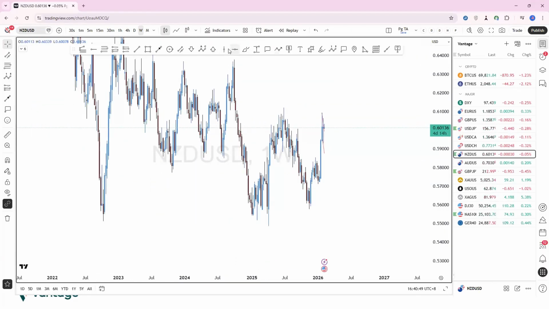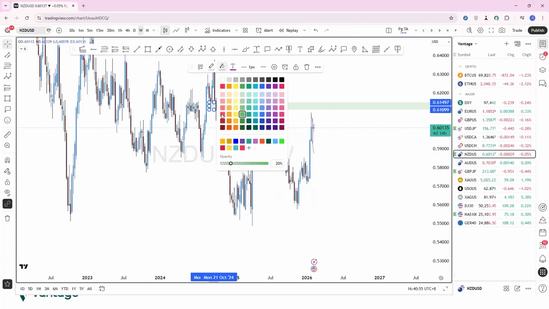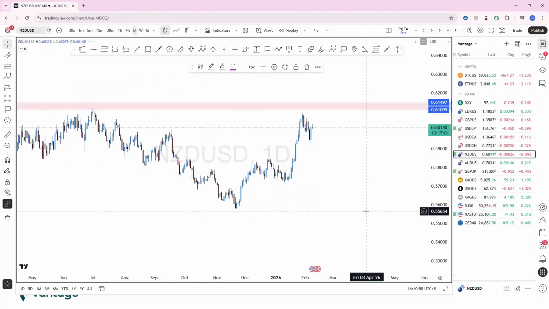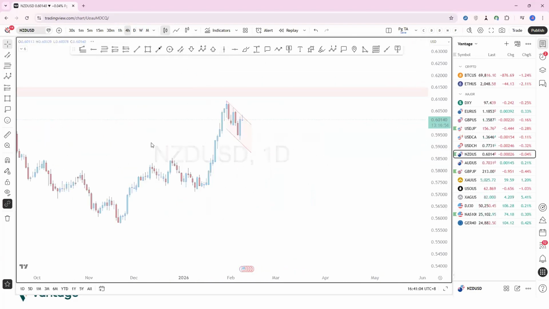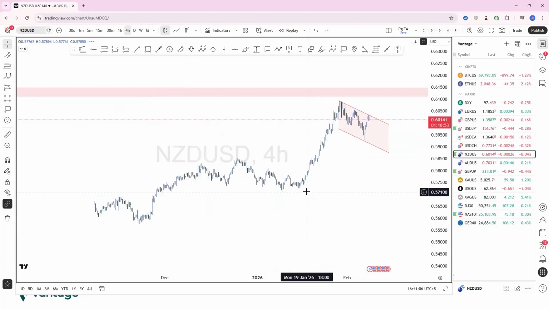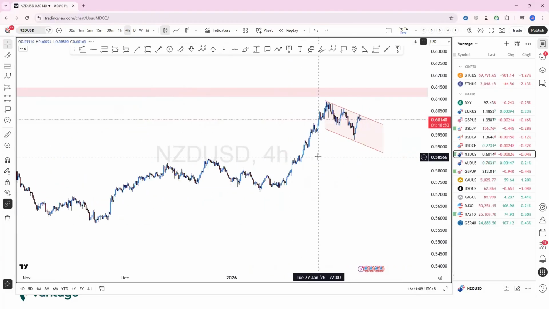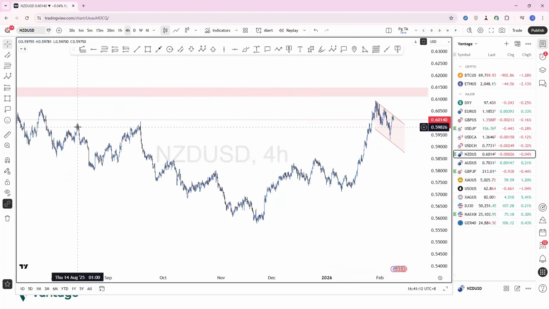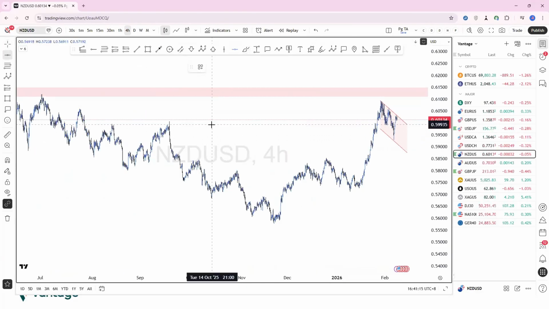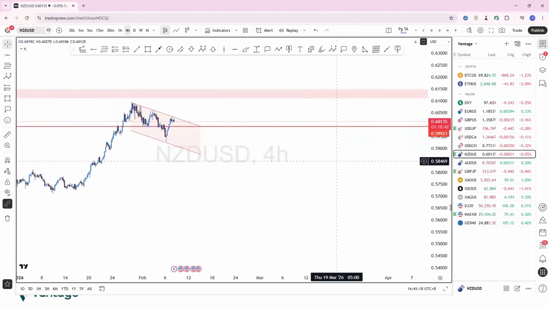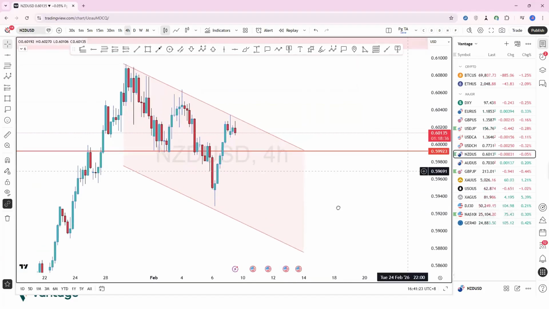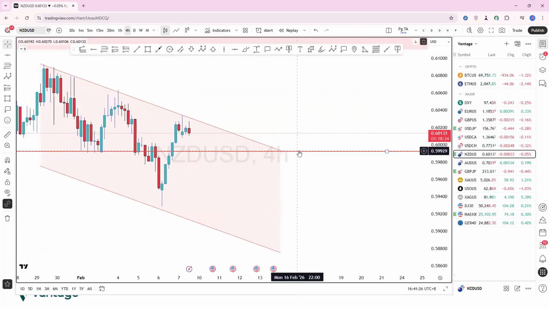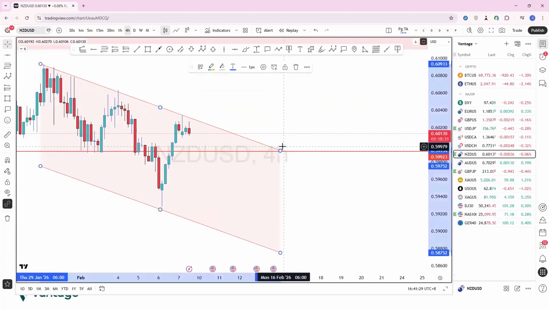Basically, the resistance for the weekly is here. I'm going to put this as first support. I'm going to remove this.